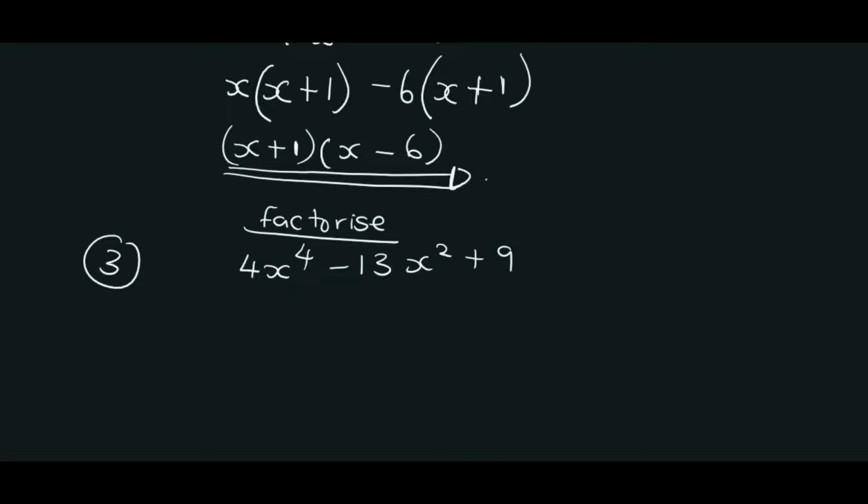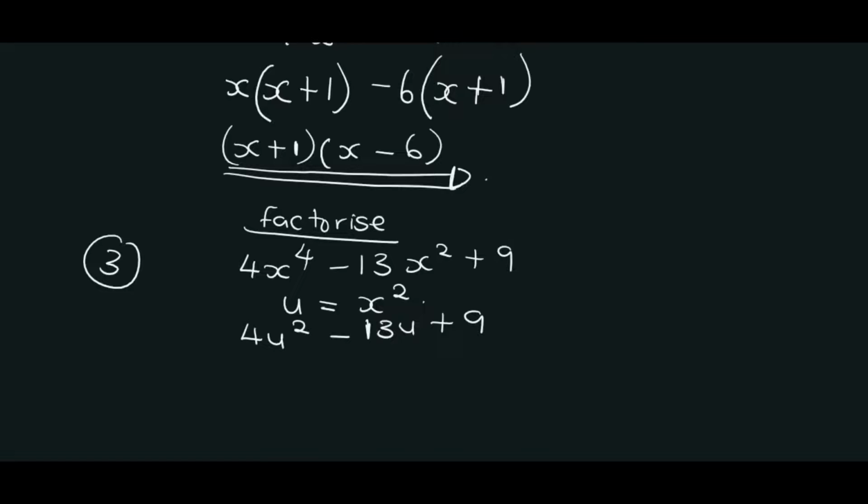Okay, so what we do is we make u be equal to x squared. After that, we take the 4, we put u where it is x squared, saying that 4u squared minus 13u plus 9.